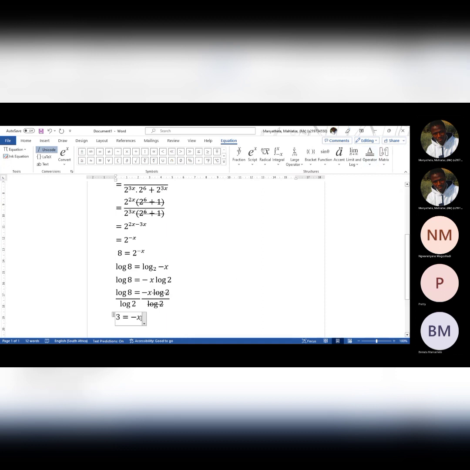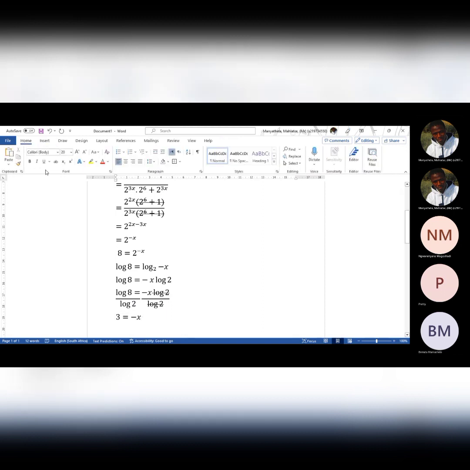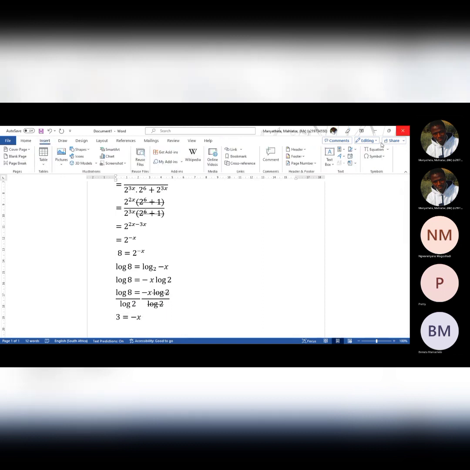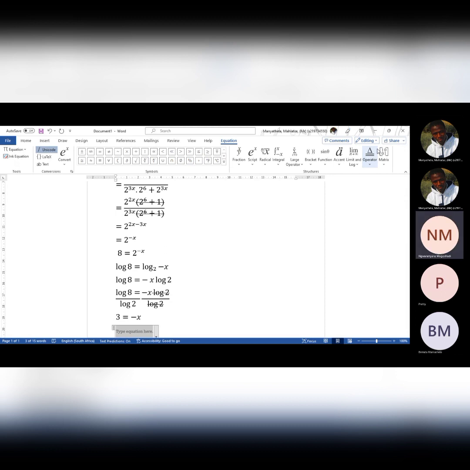And then if we have 3 equal to negative x, but we are looking for the value of x, what do we do? We can either swap 3 and x around again. So swap negative x to the left, or change the sign to positive again.